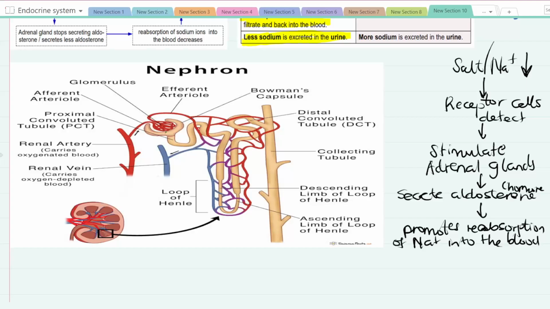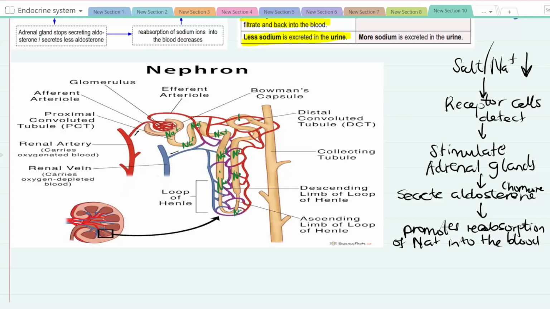So one of those waste products can be Na plus, which is a sodium ion, and of course it will travel through the nephron, proximal tubule there, and then through the loop of Henle, Na plus, Na plus.